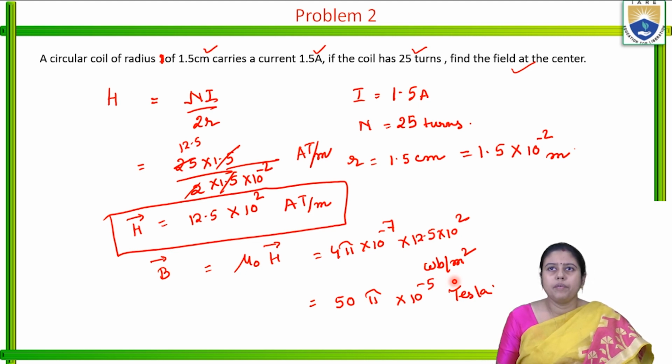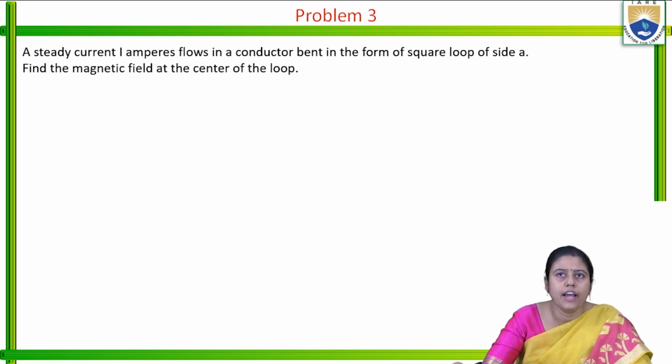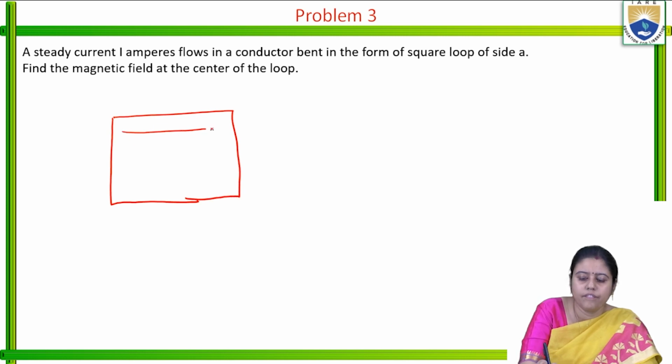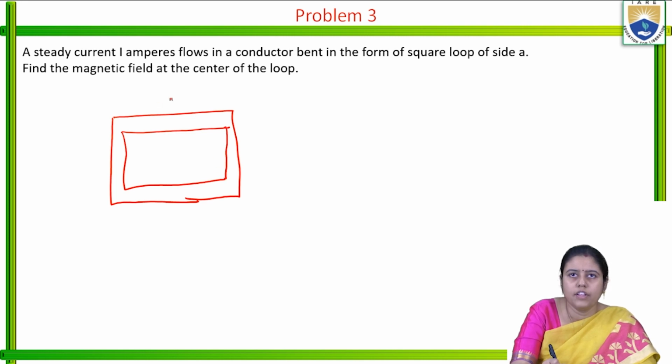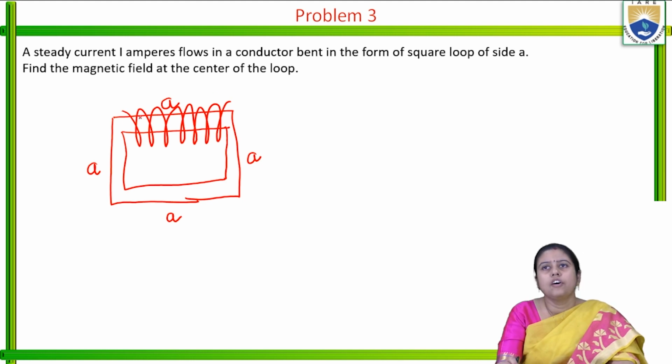Now we are moving to the next problem. A steady state current of I amperes flows in a conductor bent in the form of a square loop of side A. Find the magnetic field at the center of the loop. So this is a square and all the sides are A. Like this, we have the conductors.